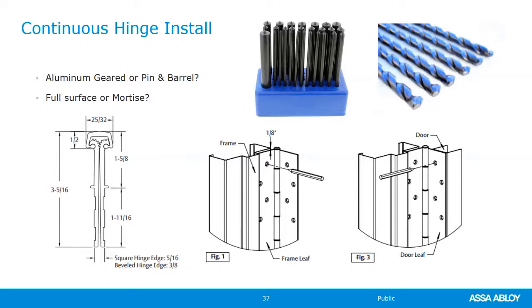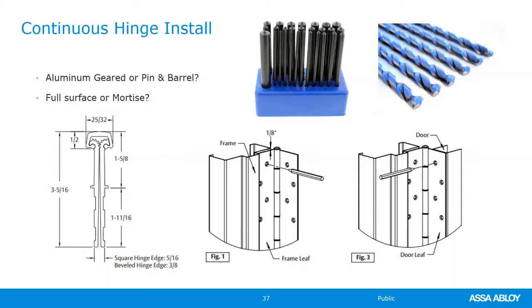We would reference all of our mounting holes from that point. Then I go ahead and clamp that continuous hinge to the door and center punch, drill, and tap all of those holes and mount that hinge to the door.